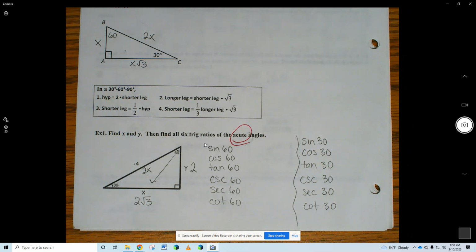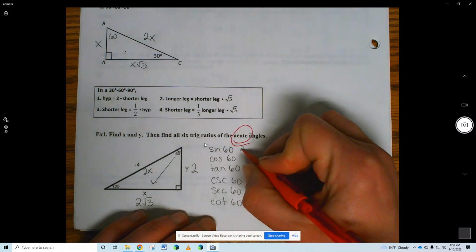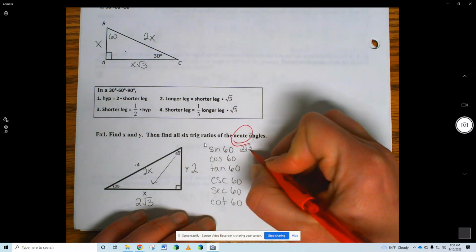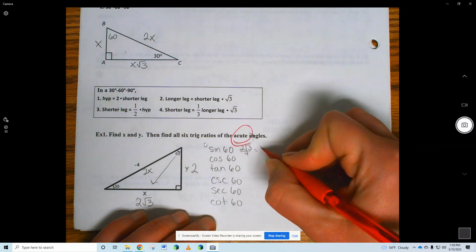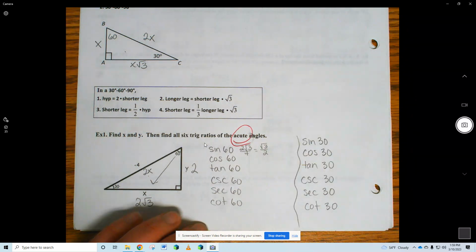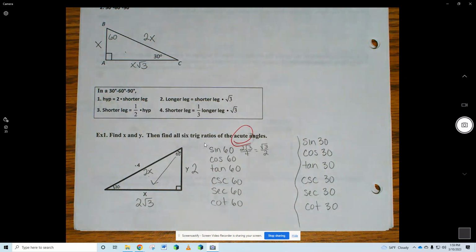Okay, ready? So I'm pretty sure that you can figure this out. Obviously, sine is opposite over hypotenuse. It's going to be 2 rad 3 over 4, which is rad 3 over 2. So we simplify the things that are on the exterior. Radical 3 is protected. You cannot break that down.